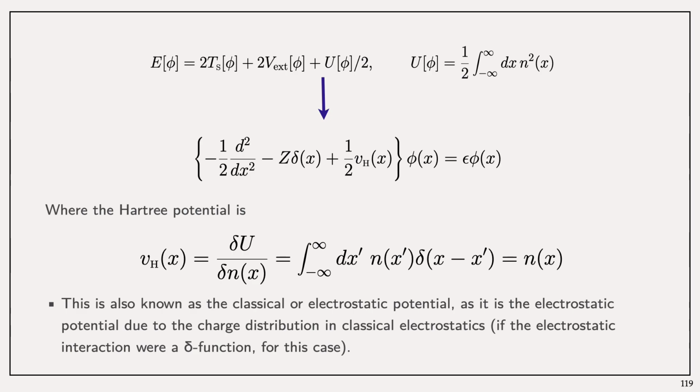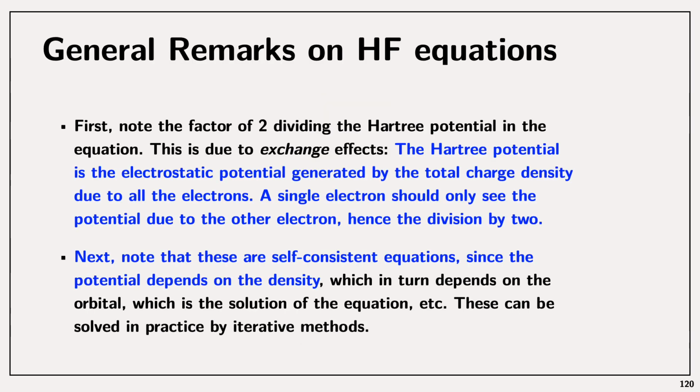More than likely, the first step, it will be quite different. So what do we do? Well, we have a new approximation for the density. So we put that in the equation and we calculate psi. Then we have a new approximation for the density and we keep going. So this is what is called a self-consistent loop, and we keep going until the new density we calculate is the same as the one we used to calculate the current psi. So this is what we call a self-consistent equation, which is done iteratively.